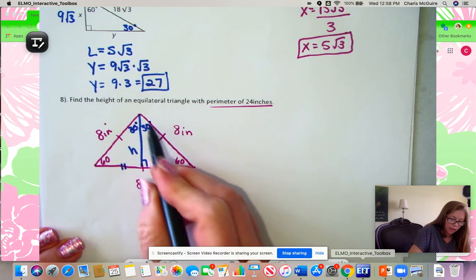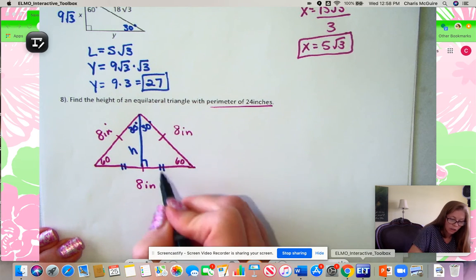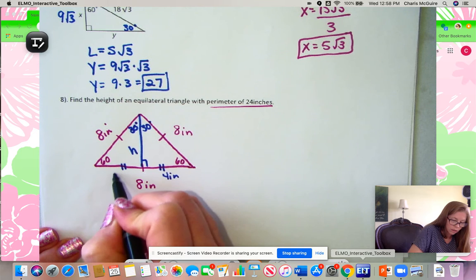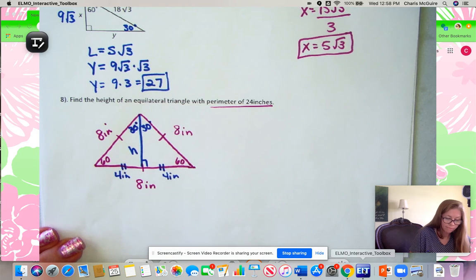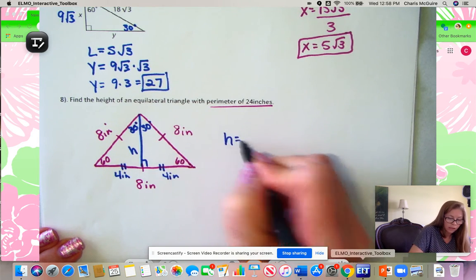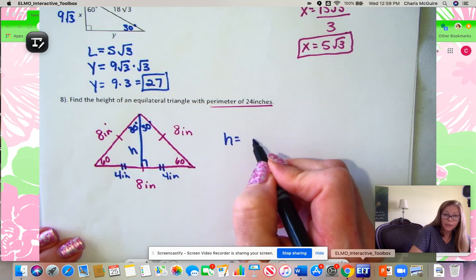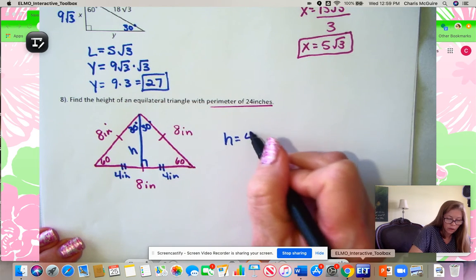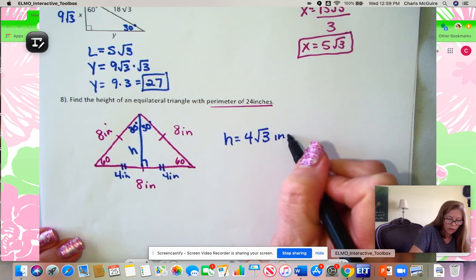And I have that side that was 8 inches is now 4 inches for each. All right, so the height, we're using our 30, 60, 90 right triangle. That is the longer leg. So height equals the shorter leg times the square root of 3. So it's 4 square root of 3 inches.